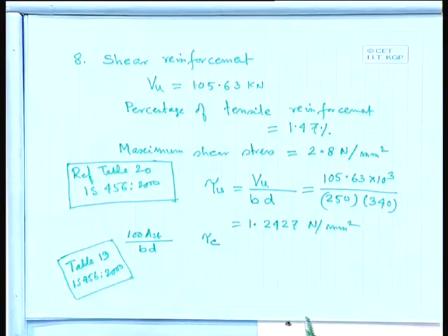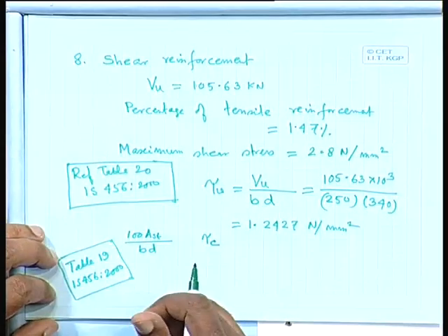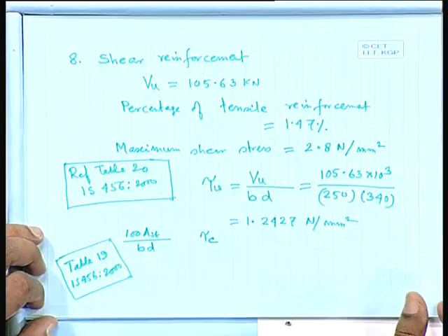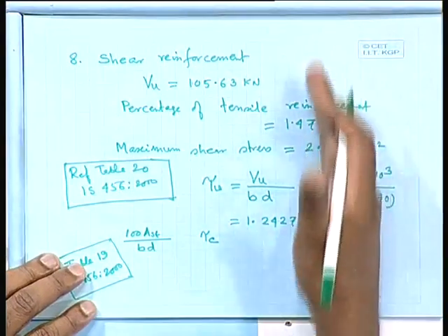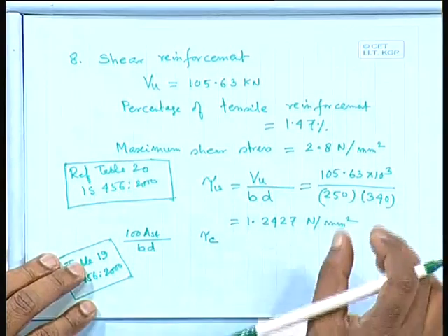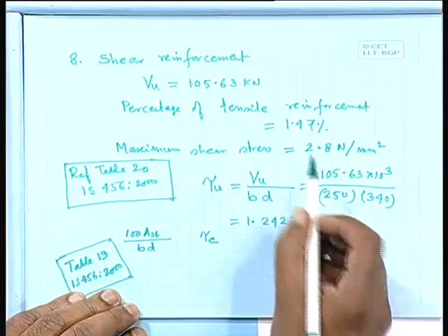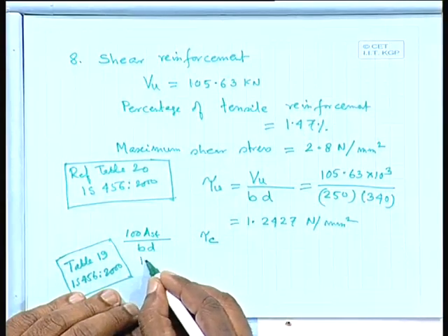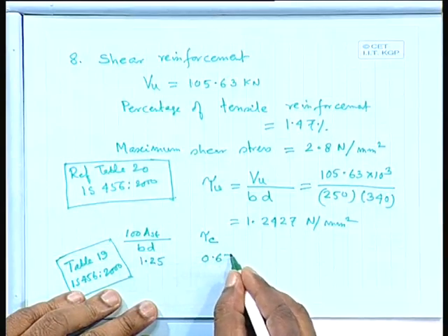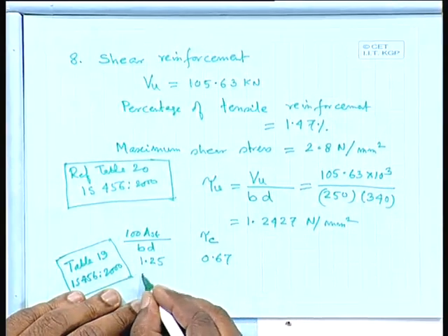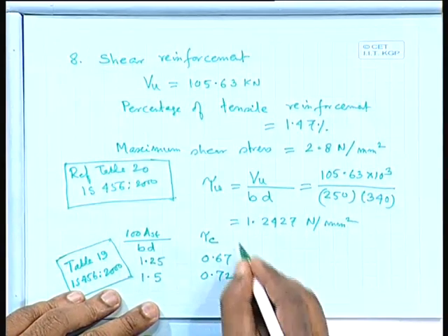When you do the design, you always have to mention the reference clause or table of the code, and we generally do it on the right hand side. So, we can get it because it is 1.47. For 1.25 tensile reinforcement percentage, the value is 0.67, and if it is 1.5, then it is 0.72.